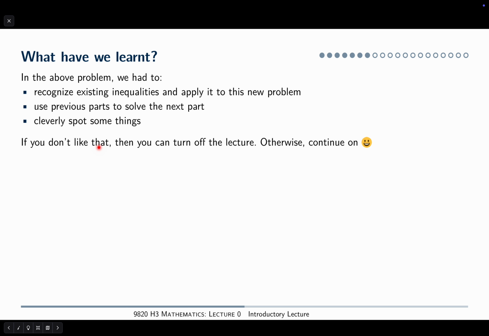So we also had to cleverly spot some things, like how we spotted that x equals 3. And H3 Mathematics will be full of these tricks and techniques. So if you do not like them, H3 Mathematics is not for you and you can turn this video off. Otherwise, do continue on.